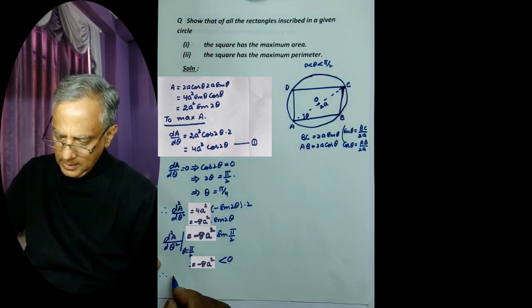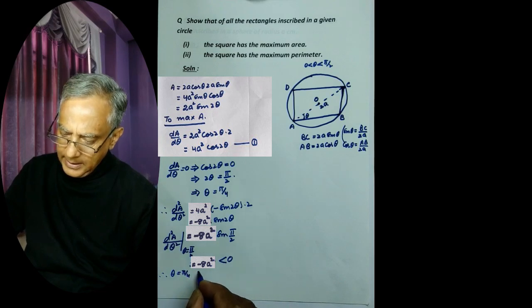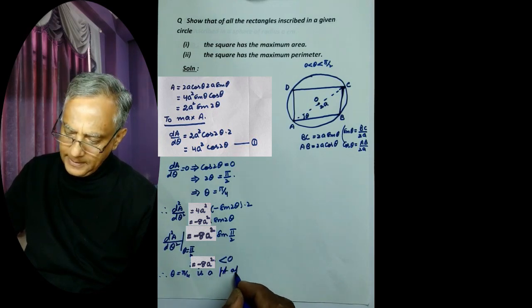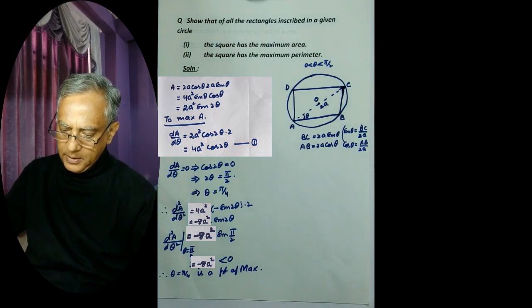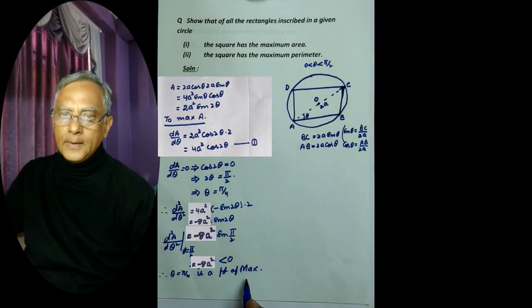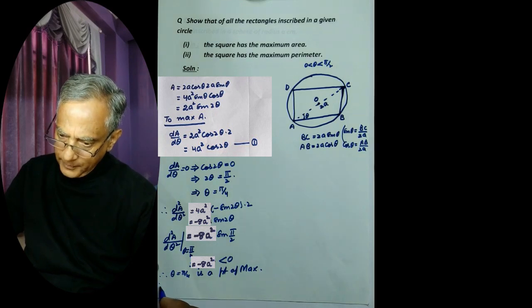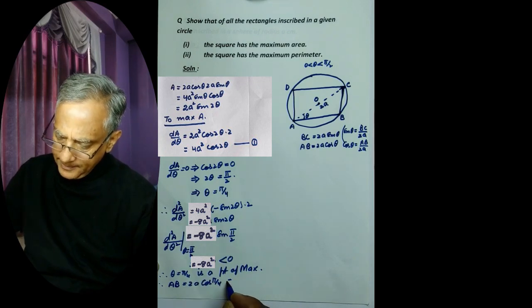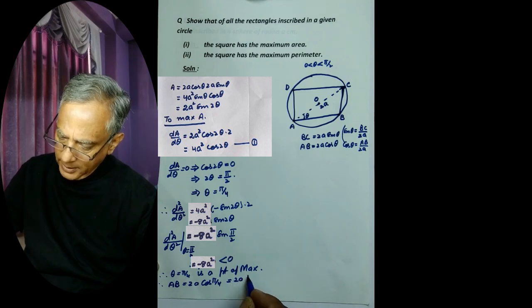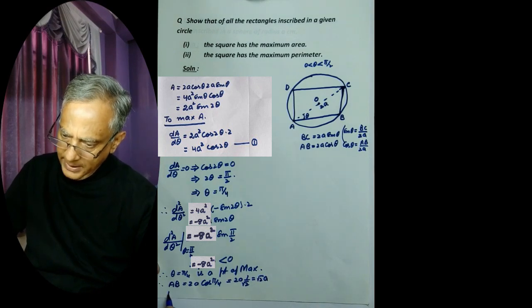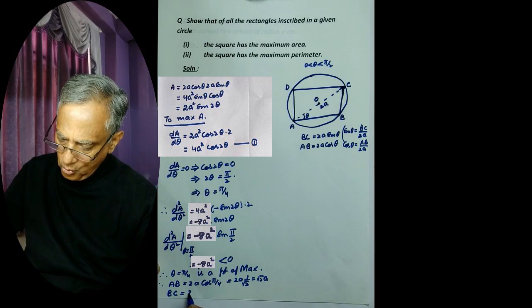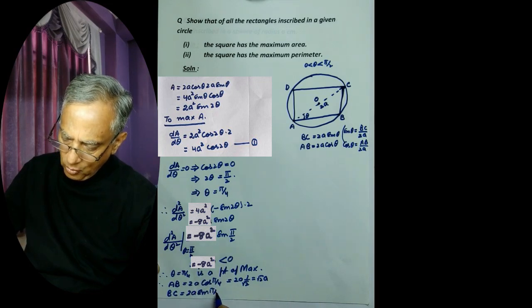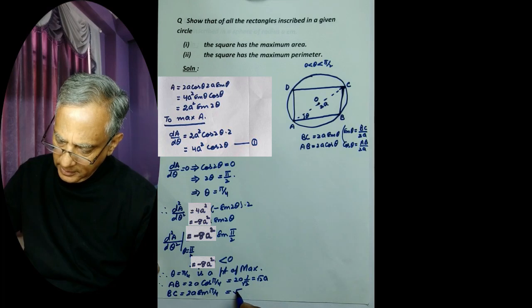Therefore, theta equal to pi by 4 is a point of maximum, and therefore AB is equal to 2a cos pi by 4, that is 2a into 1 by root 2, that is root 2 a, and BC is equal to 2a sine pi by 4, which is equal to root 2 a.